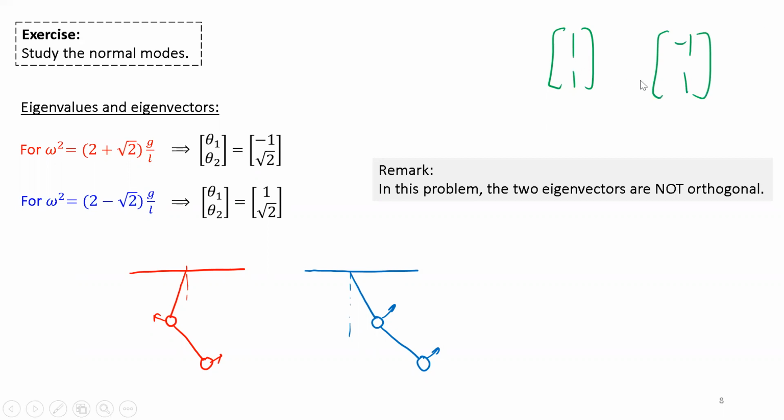So these two vectors are orthogonal, right? If you take the dot product of these two, 0. But this one, if you take the dot product of this one and this one, non-zero. Okay. So one thing to take notice. Next time I will talk a little bit more about the orthogonality of eigenvectors.